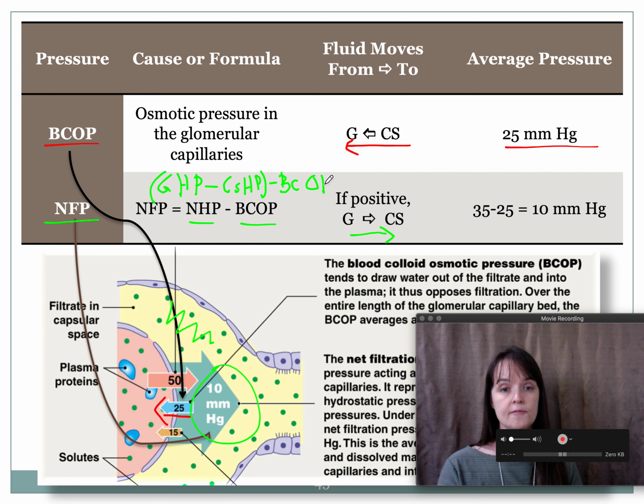And don't let that freak you out, because the net hydrostatic pressure is the GHP minus the CSHP. It's actually easier to say the words than the abbreviations. That's weird. Okay, so either way they write this out, it's the same thing. So don't let that worry you.